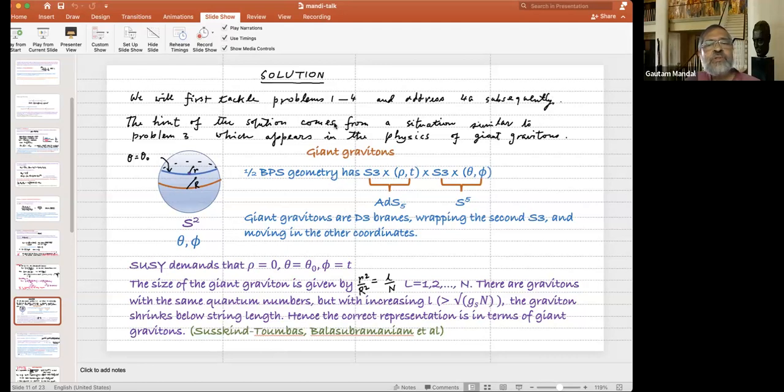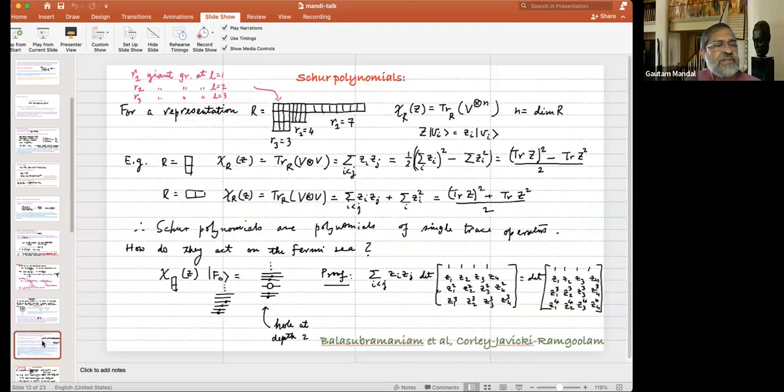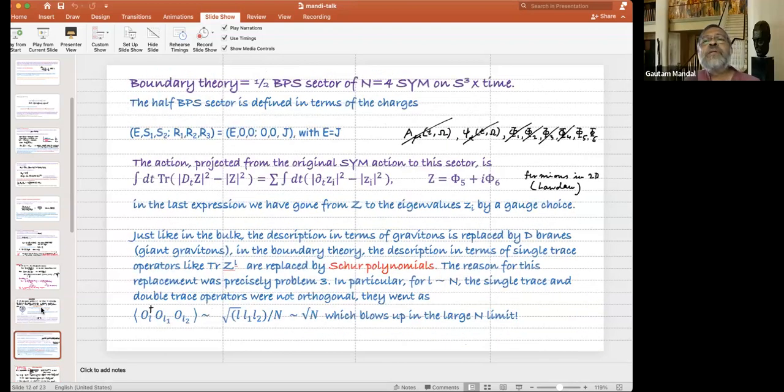The hint of the solution comes from a situation similar to problem 3, namely this correlation function diverging. That problem had appeared in the physics of giant gravitons. Now I have to take a little bit of a detour. It's not essential. I can go straight to the solution. But let me just say, how am I doing with time?